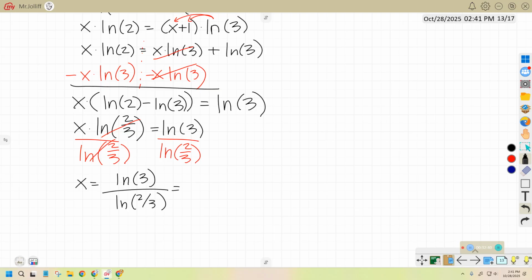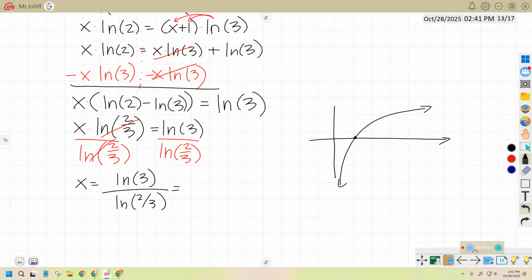And we're going to grab our calculator and check that. Before we run it on the calculator, am I expecting a positive answer or a negative answer? Ooh. 3 is bigger than 1. ln of 3 should be positive. 2/3 is less than 1, positive or negative. So remember that our log graph looks like this.